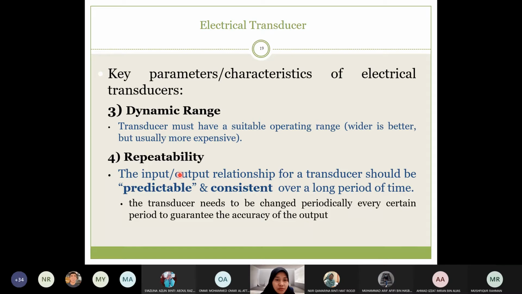That is what we call repeatability, meaning that if the transducer always has good maintenance, it will perform well and provide accurate and consistent readings.